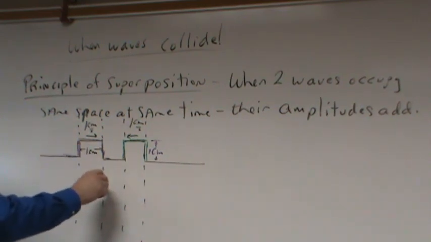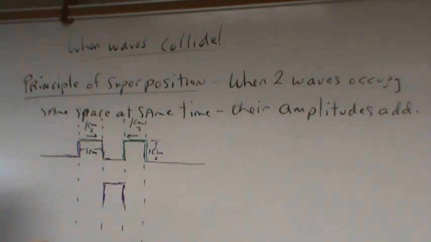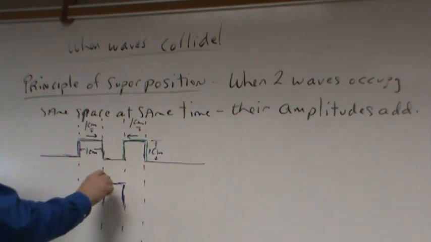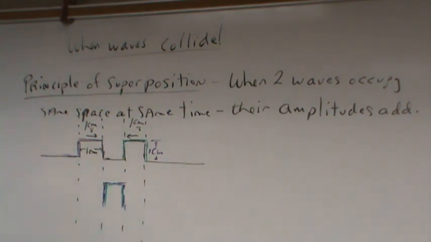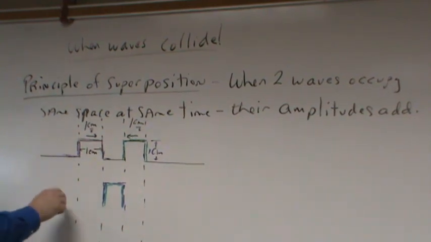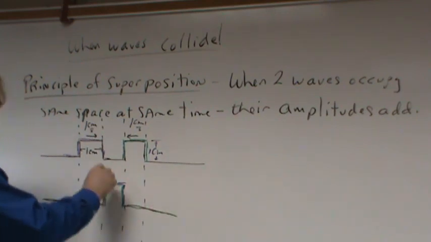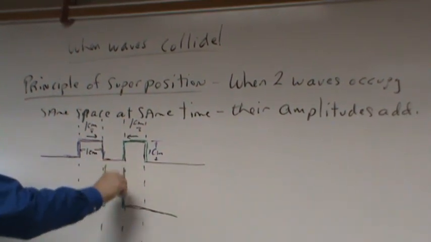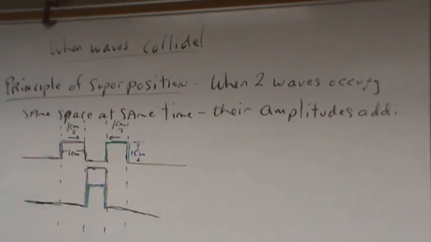I'm hoping that you see that this purple pulse is going to be right there 1 second later, but so is the green pulse. And so they both have an amplitude of 1. So your total pulse is going to have an amplitude of 2. You're going to have something that looks like this. So I've got a single pulse with an amplitude of 2.